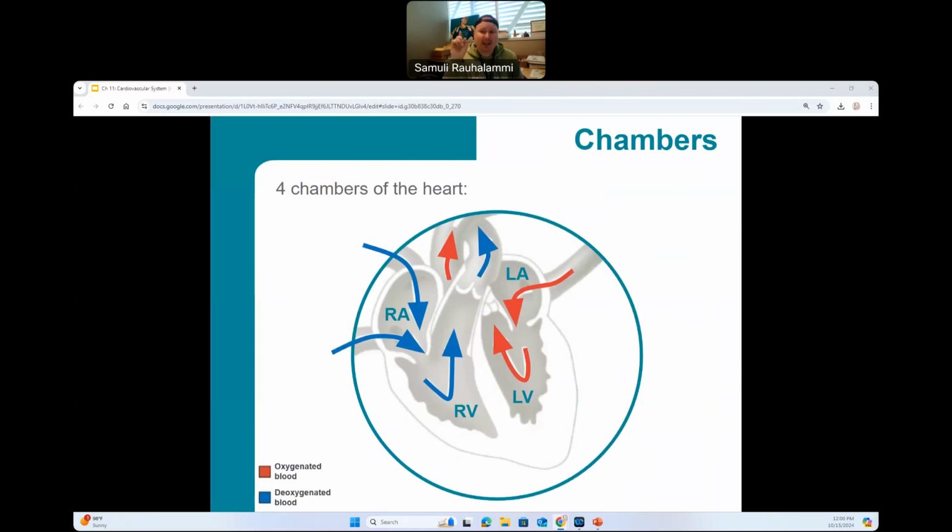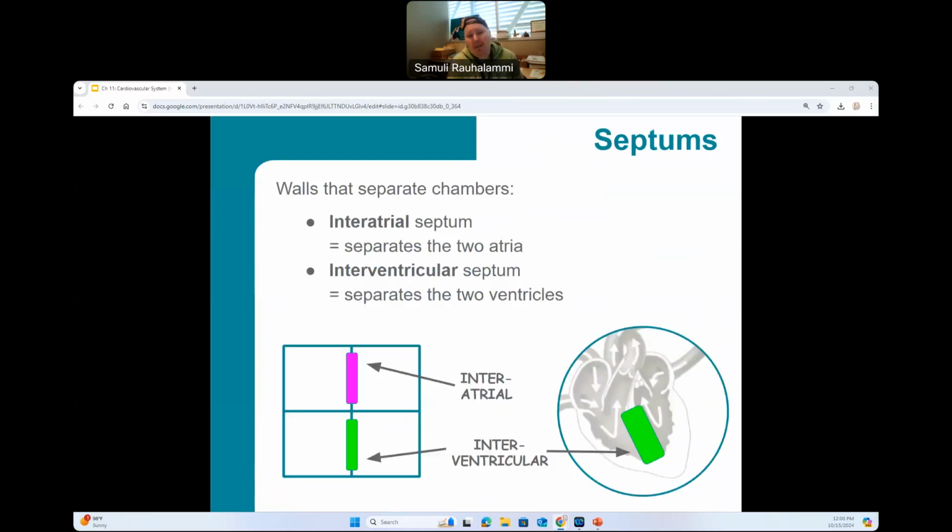and there's two particular walls that I want to highlight. So remember, in the terminology of medicine and anatomy, when we talk about septum, we talk about a wall. And when we use the word inter, we're referring to something being in between. So the two walls that I want to highlight for us are the interatrial and interventricular septums.